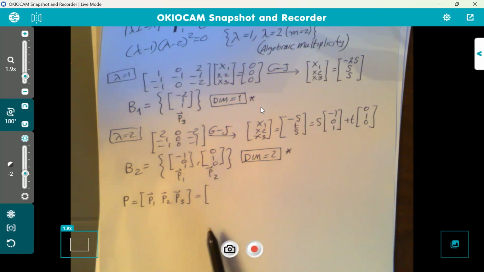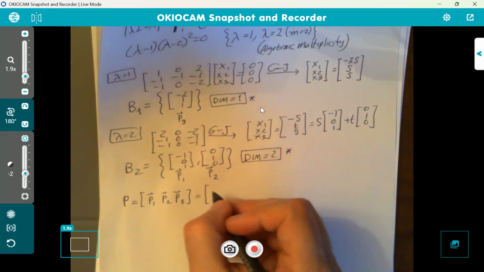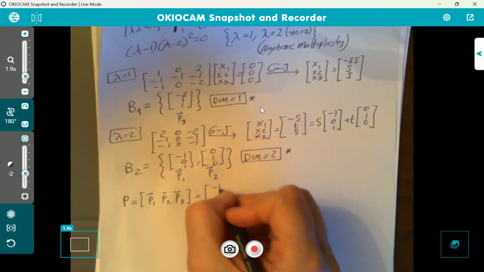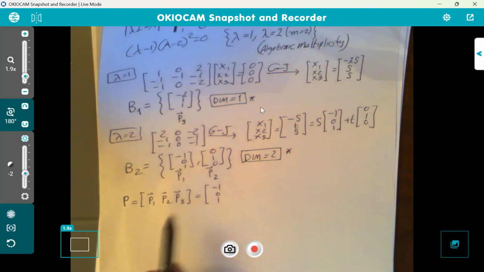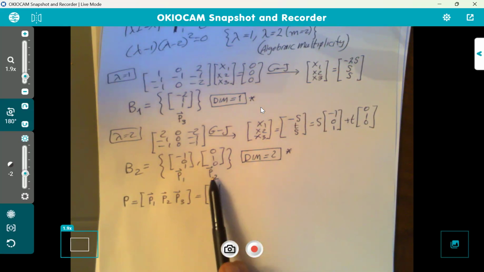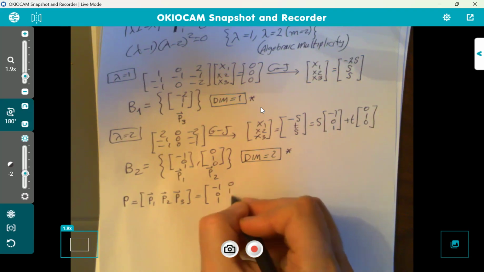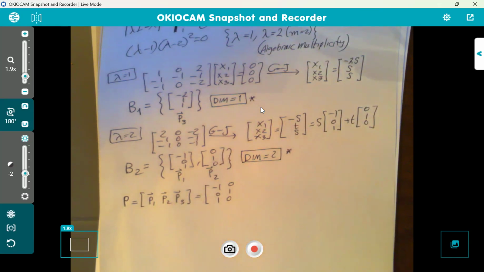P1 is corresponding to lambda equal to 2, right? So this is going to be negative 1, 0, 1. This is a matrix of P1, P2, P3. It's going to be a 3 by 3 matrix. The second eigenvector in the basis for the eigenvalue is going to be 0, 1, 0.